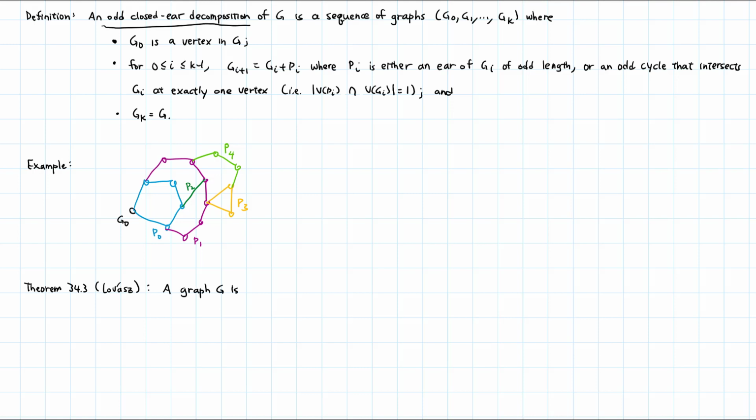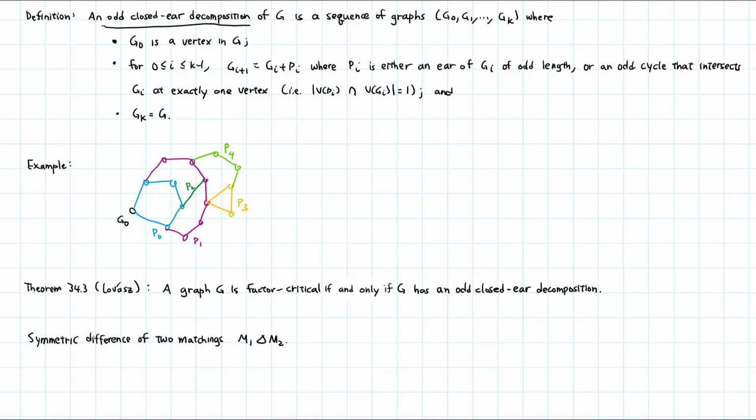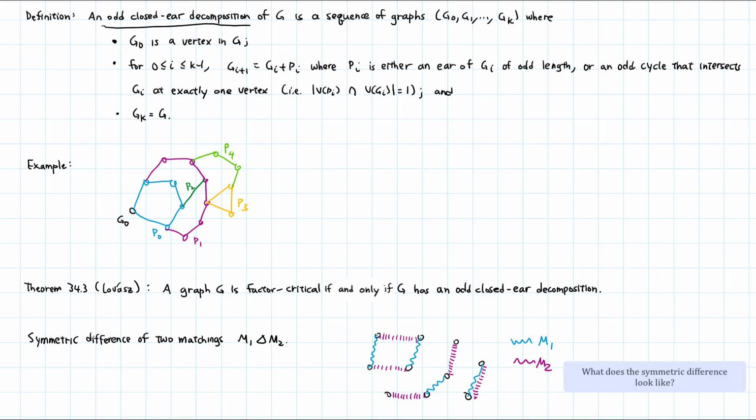A graph G is factor critical if and only if G has an odd closed-ear decomposition. Now, the proof of this theorem is a bit technical, and it involves the idea of symmetric differences of two matchings. So here is an example of two matchings M1 and M2 inside a graph. Can you describe in general what M1 delta M2 looks like?